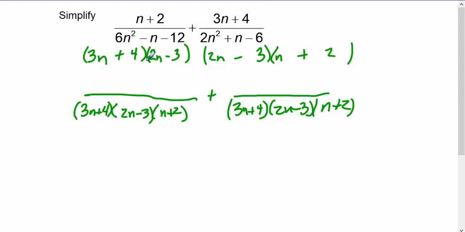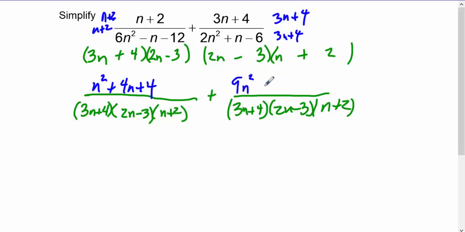And in this case, I'm missing the n plus 2, which gets me n squared plus 4n plus 4. This term, I'm missing a 3n plus 4, giving me a 9n squared, 12 and 12 is 24n, and a 16.